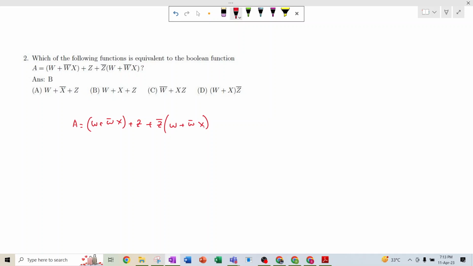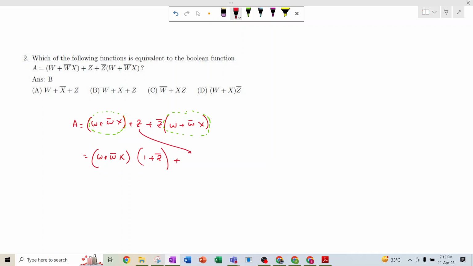At first we see that w plus w bar x is common in both the terms, so we take it common. We get 1 from here plus z bar from here, and plus z as it is.